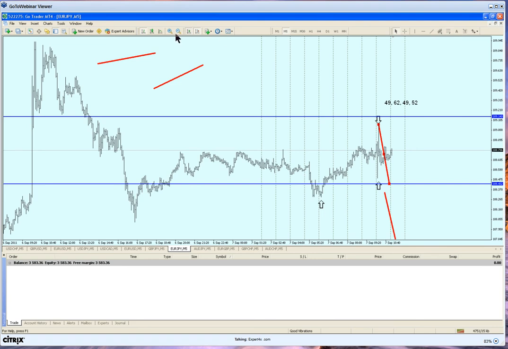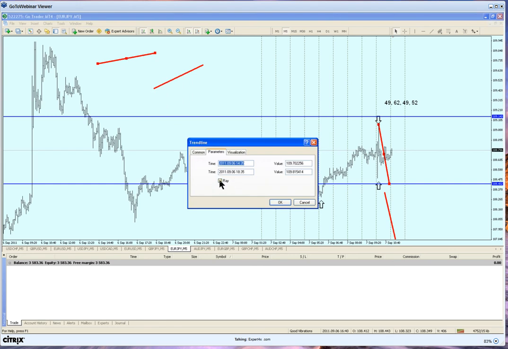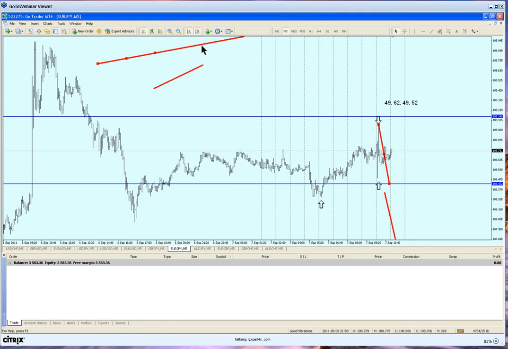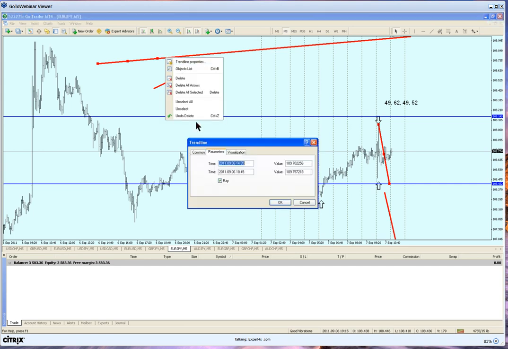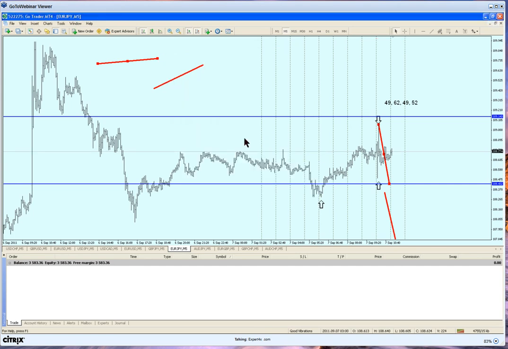So there's two ways: use the icon or you can use the menu. Sometimes be careful, the lines are set as rays. If they are set as rays, if that's clicked, it will extend forever, literally forever. So unclick that ray, then the trend line becomes manageable.